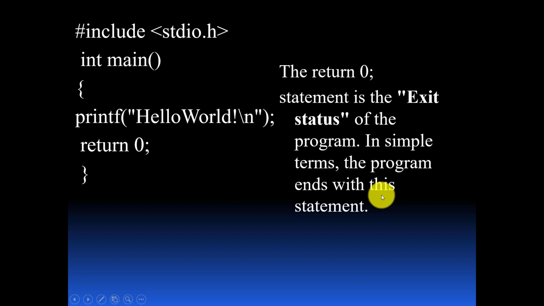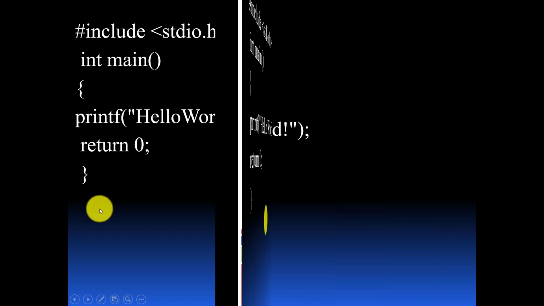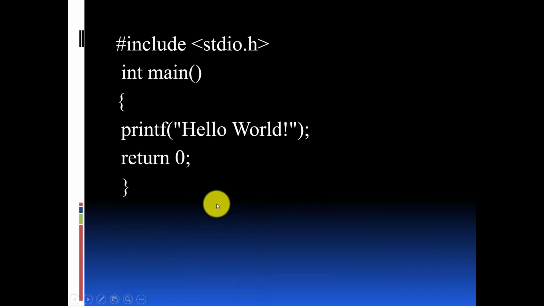And after writing the statements, we have to complete the opening curly bracket with the closing curly bracket. So this is the first hello world program which is going to execute: the hash include preprocessor line, main is the first function, opening curly bracket, printf displays the message, return 0 exits the program, and the block is completed by the closing curly bracket.